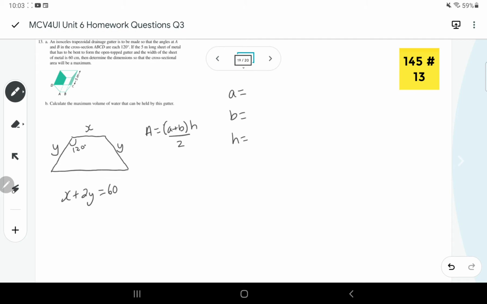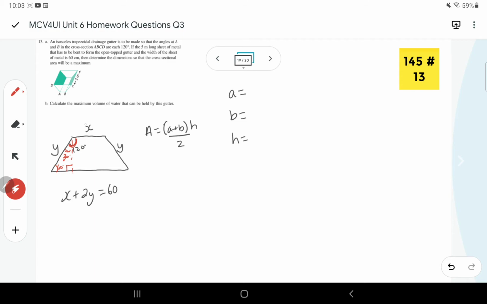So I know if I drop a horizontal here, and this is 120 degrees there, that would be left with 30, and that is 60. Just because of that 90-degree angle up and down, I would have 30 left over from the 120 and a 60 at the base there.